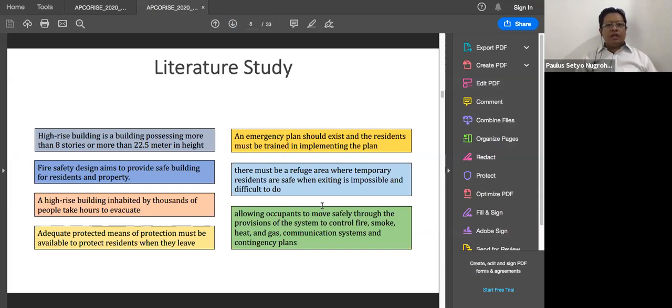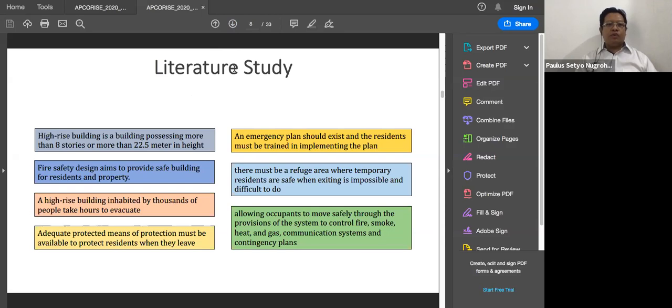Fire safety design aims to provide a safe building for residents and property, where the safety of residents gets the highest priority. To this end, the building must be resistant to initial ignition. When an initial fire in a building occurs, the building must resist fire propagation and toxic production.